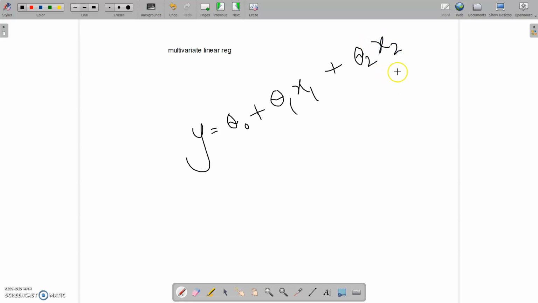So this x2 is your second feature and this is its coefficient. Then say for example theta 3 x3, this is the 3rd feature and the 3rd coefficient. You can also have something like theta 4 x2 x3. You can add the multiplication of the 2 features and create a new variable from it. You can also make it this way.